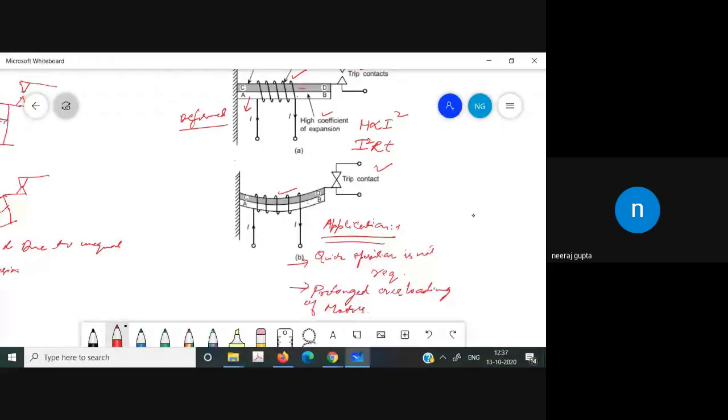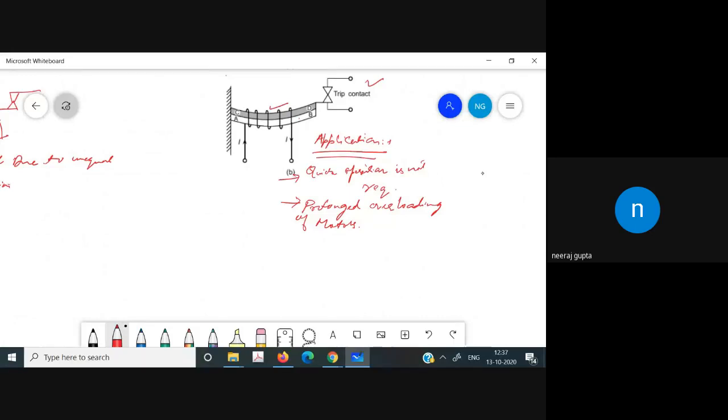It means that this relay will let the motor carry the overload for a small amount of time before tripping off. After that, it will trip.